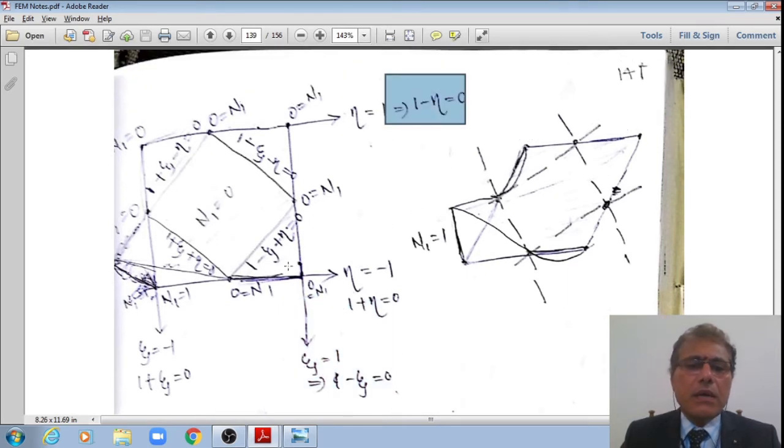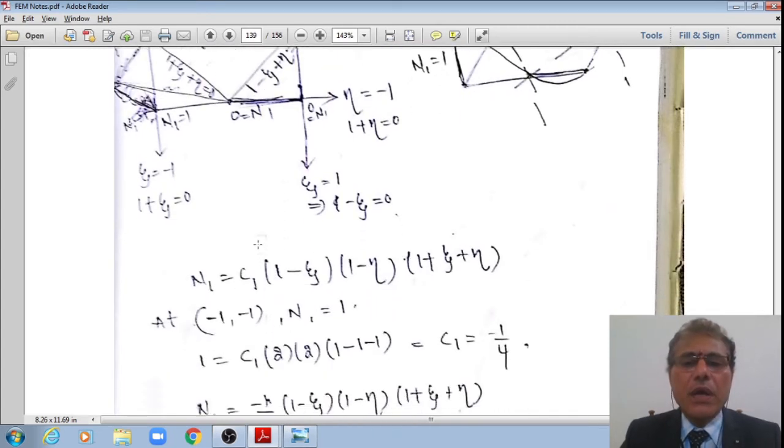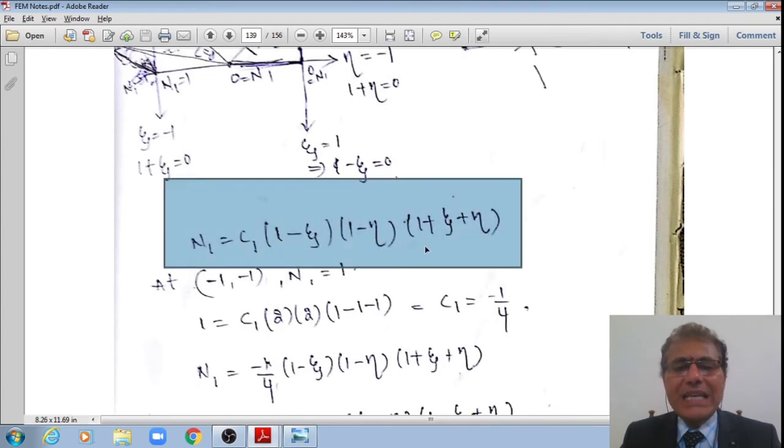Means from this line to these two lines it is becoming 0. Therefore I'll write N1 as a product of these 3 lines along which N1 is equal to 0.